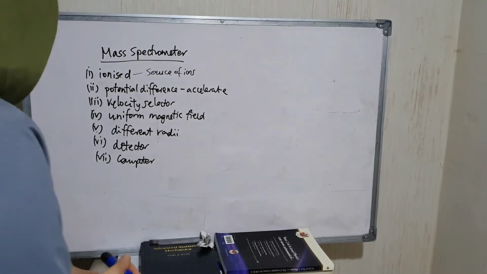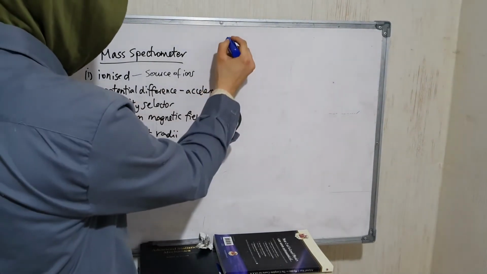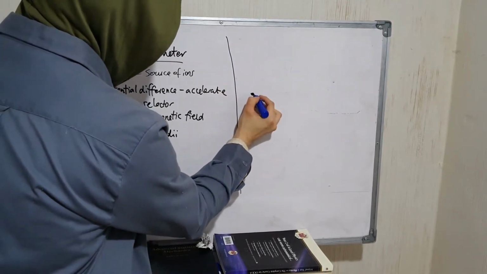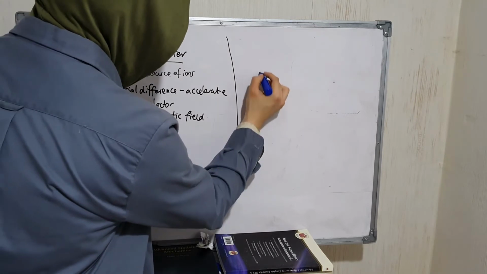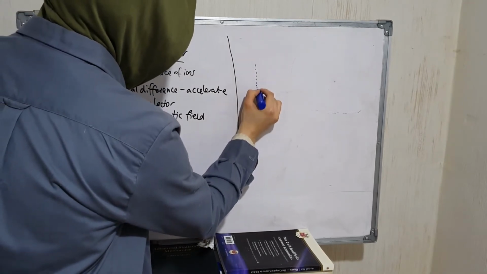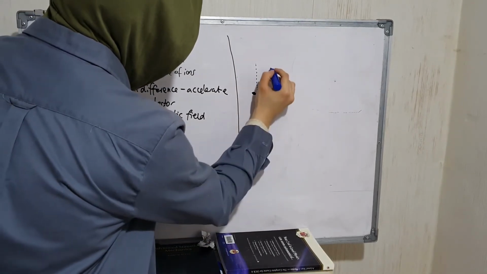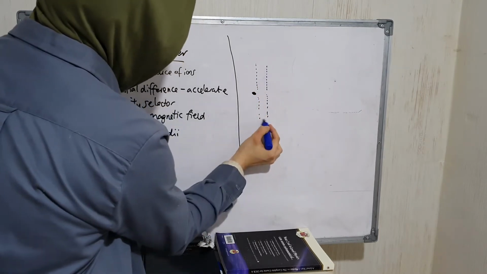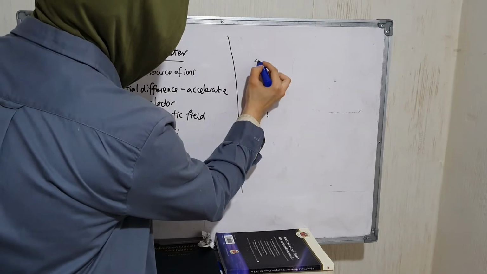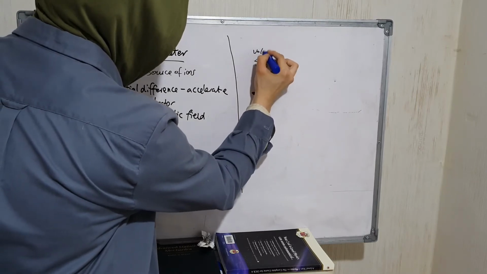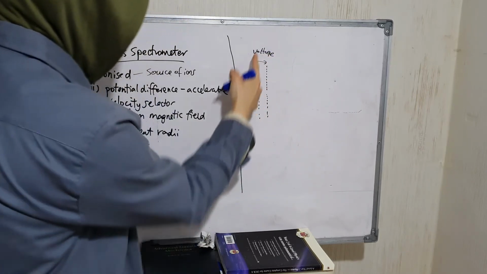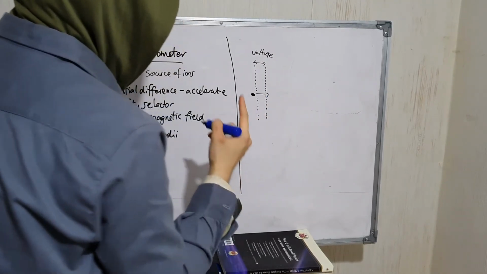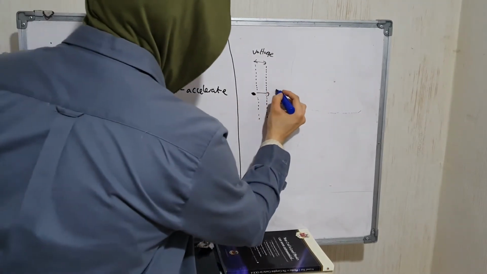So let's just draw a quick diagram. This is the source. It gets accelerated through a potential difference, so let's just say you've got a voltage across here. Then it goes through a velocity selector.